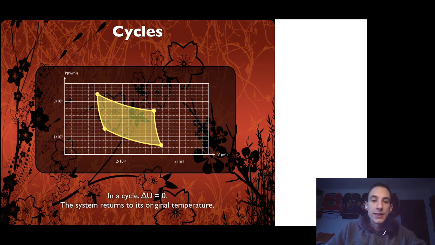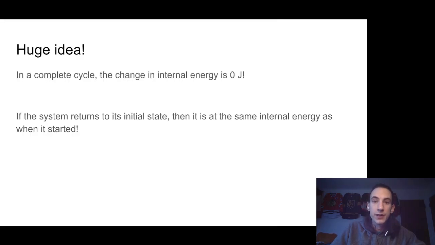One of the main ideas is that in a cycle, the change in internal energy is equal to 0. This is a huge idea. In a complete cycle, the change in internal energy, this delta U, is equal to 0 joules. If we start at the same state and end at the same state, the change in internal energy from that state to itself is 0 joules. If it returns to its initial state, then it has the same internal energy as where we started. That comes from our gas law, this idea that PV equals nRT.